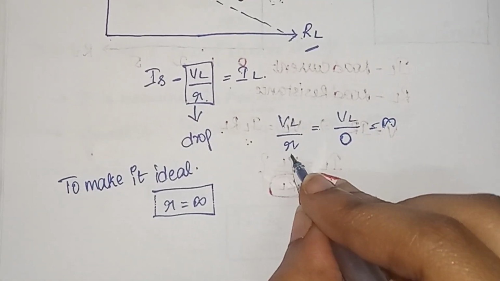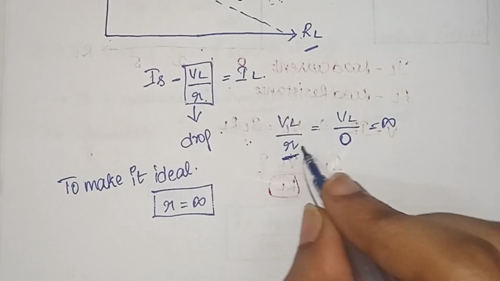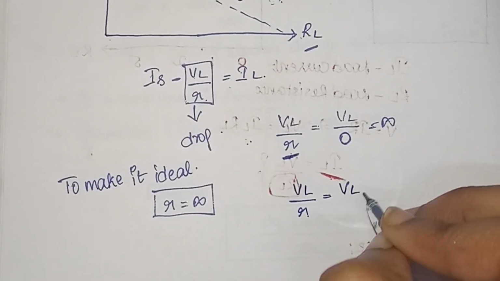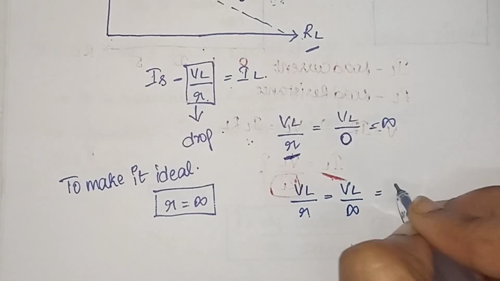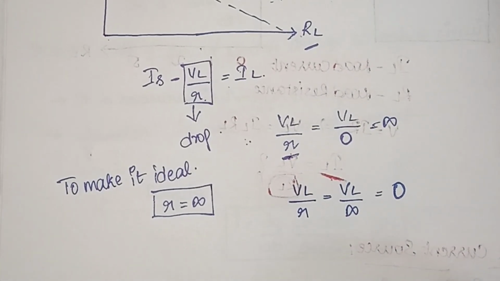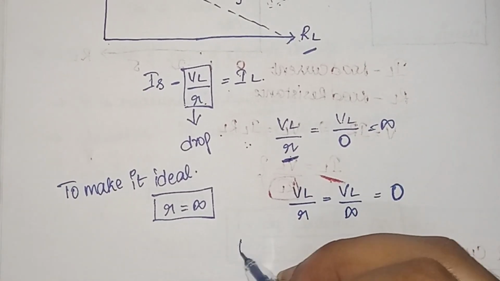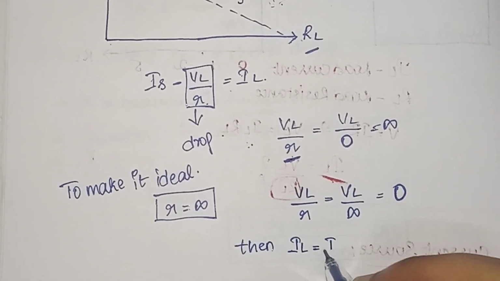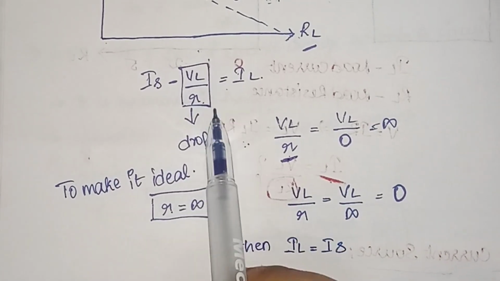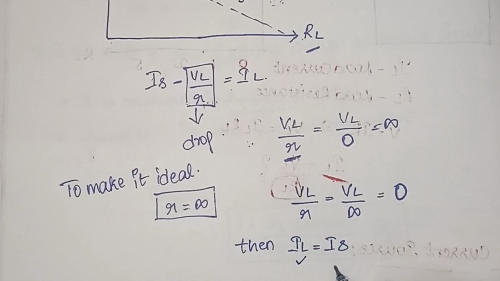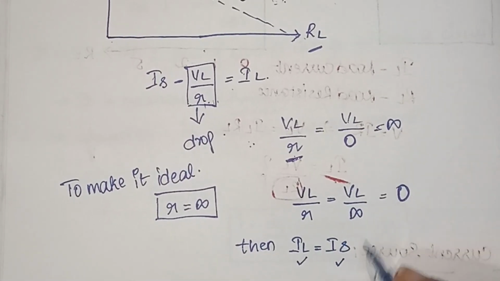So if I substitute infinity in place of R, VL by R is equal to VL by infinity. Anything divided by infinity gives us 0. So directly we get IL is equal to IS, because we substitute 0 in this place. So we get our load current and source current values as the same.